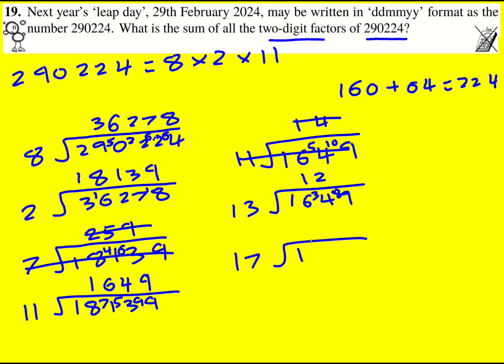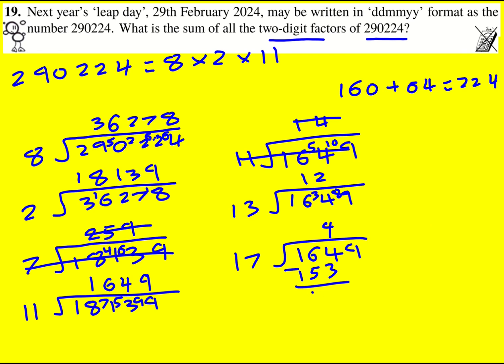Okay, it's quite time consuming, but I don't really think there's a quicker way than this. 17, okay, I'm going to get 9 here. So that would be 153. If it helps, you can write down some of your times tables, and you can even use long division and subtract more formally.